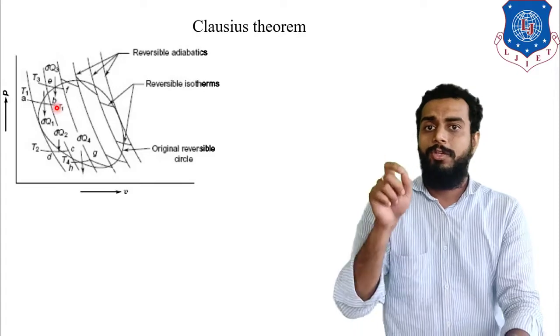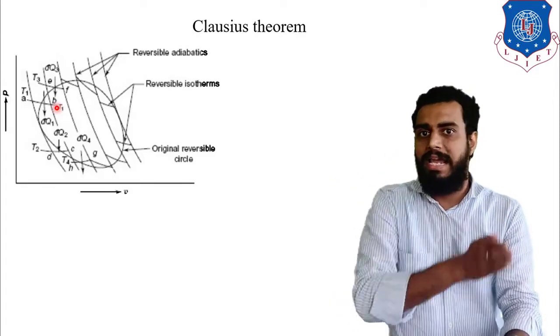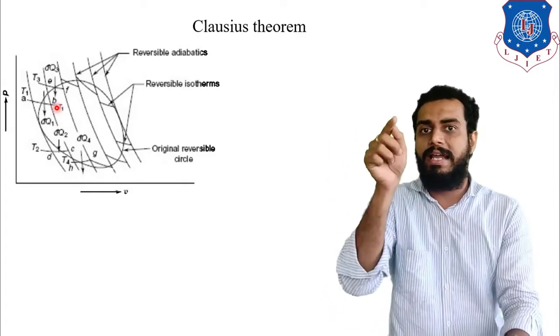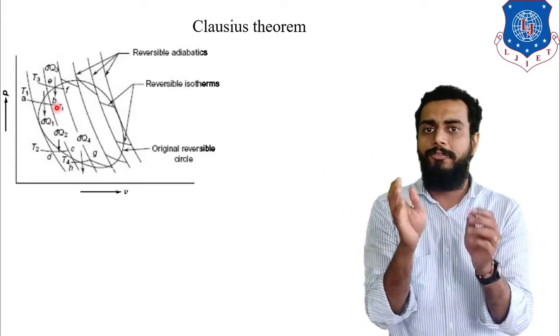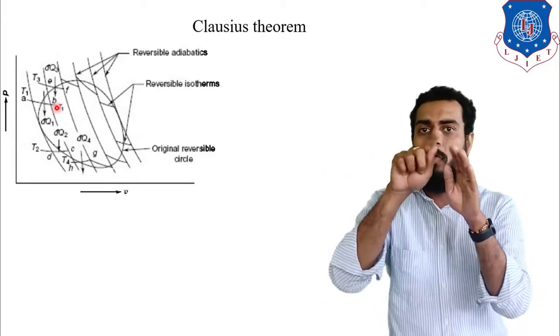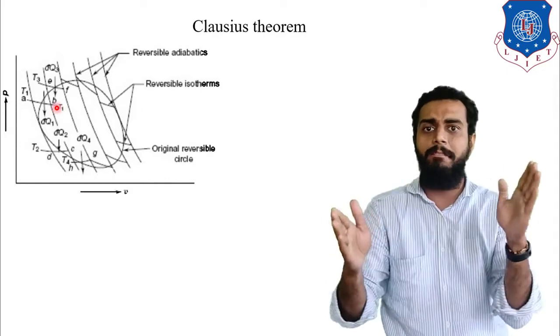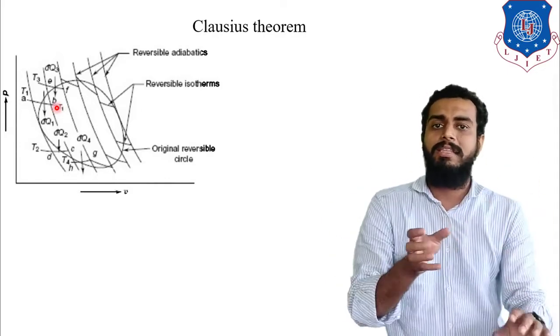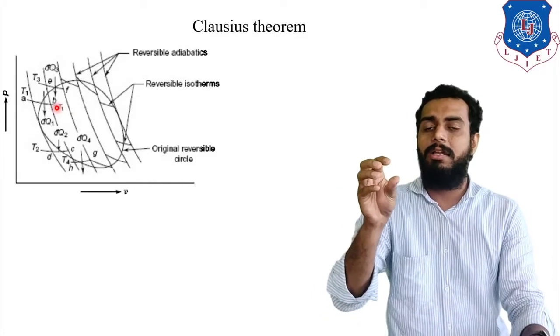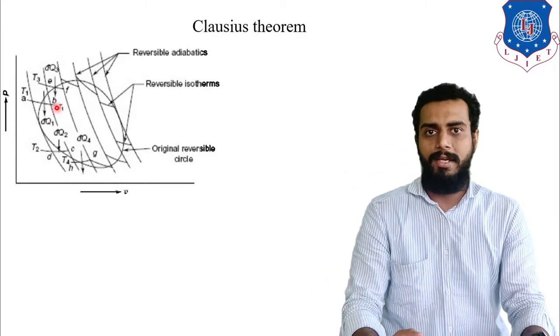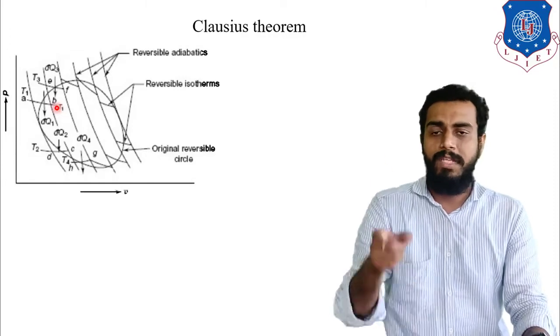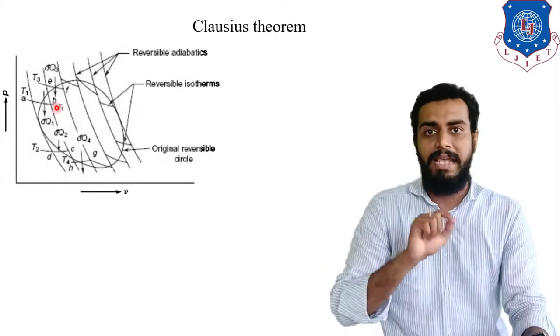If you do so for the whole cycle, then you will have a toothed zigzag-like portion, right? And if you have divided this whole cycle into a large number of reversible adiabatic strips, then your toothed zigzag cycle will coincide with the original closed cycle. Remember students, this original closed cycle is a reversible cycle.